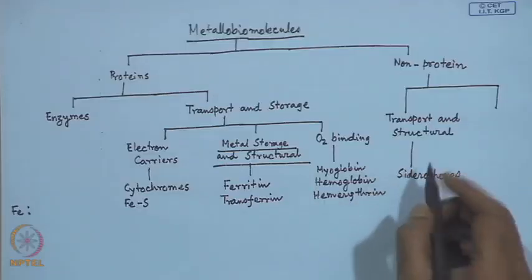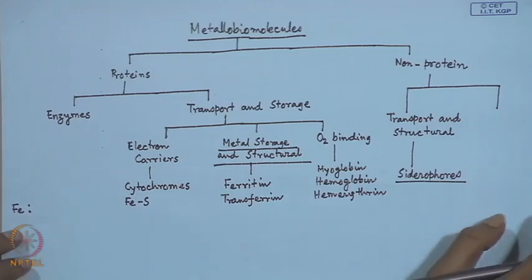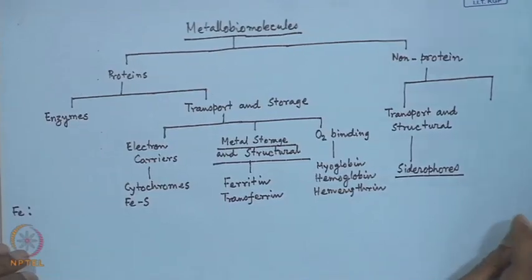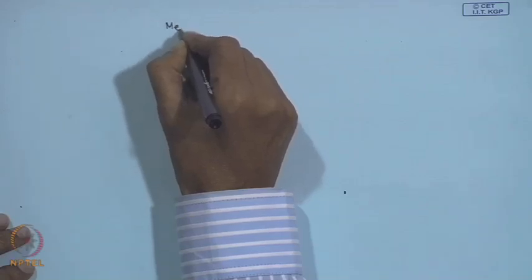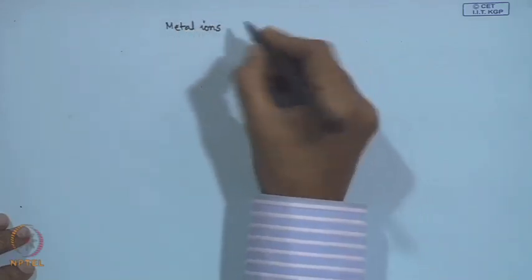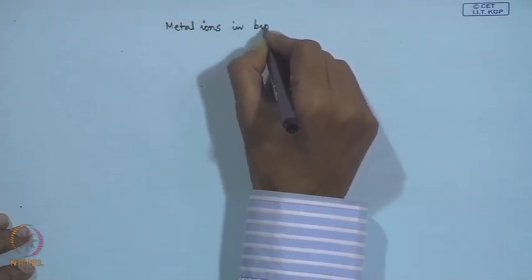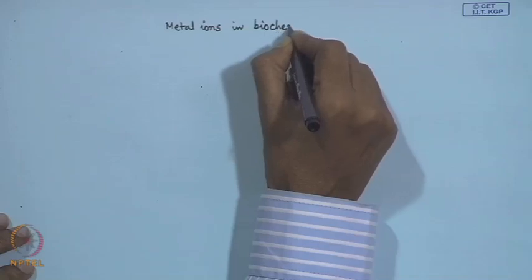So, we will see first the ferritin molecule, the transferrin molecule and the siderophores, and we will go for how these metal ions play important roles for some of our biochemical processes.